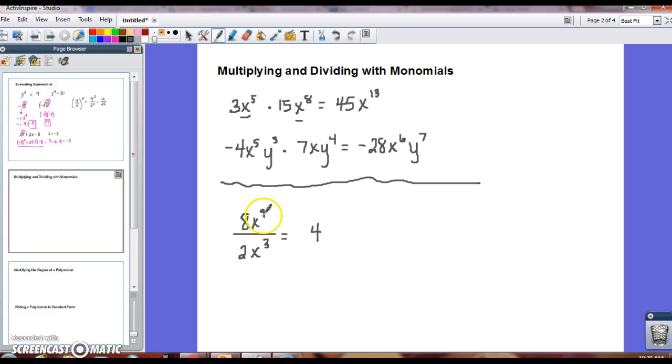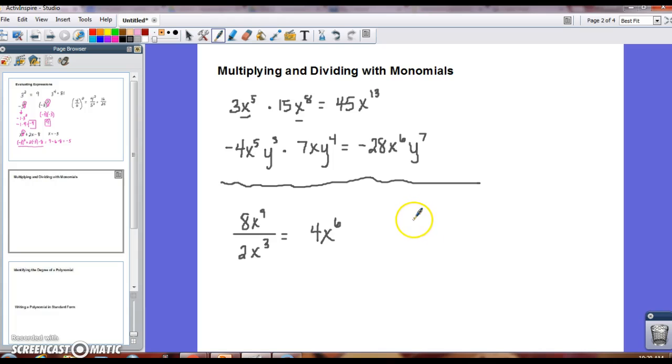Now, some people want to divide their exponents here, and you're not going to do that. Do not divide your exponents. You are going to subtract your exponents. When you were multiplying, you added your exponents. Now that you're dividing, you subtract your exponents. So here I would have x to the 6th. 9 minus 3 gives me 6.